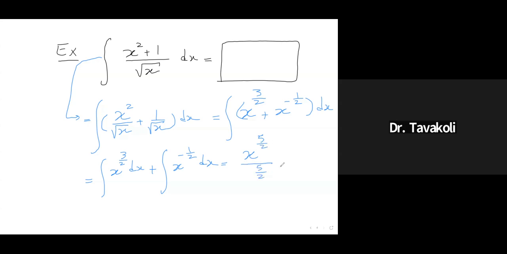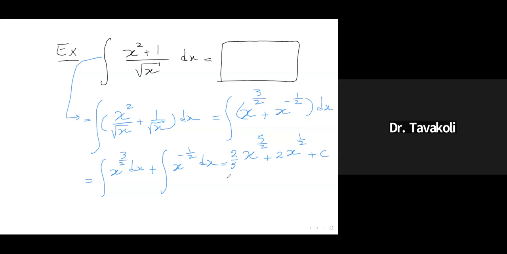But dividing by 5/2 is the same as multiplying by 2/5, right? The other one is familiar to us. We just have 2x to the power of 1/2 plus c.